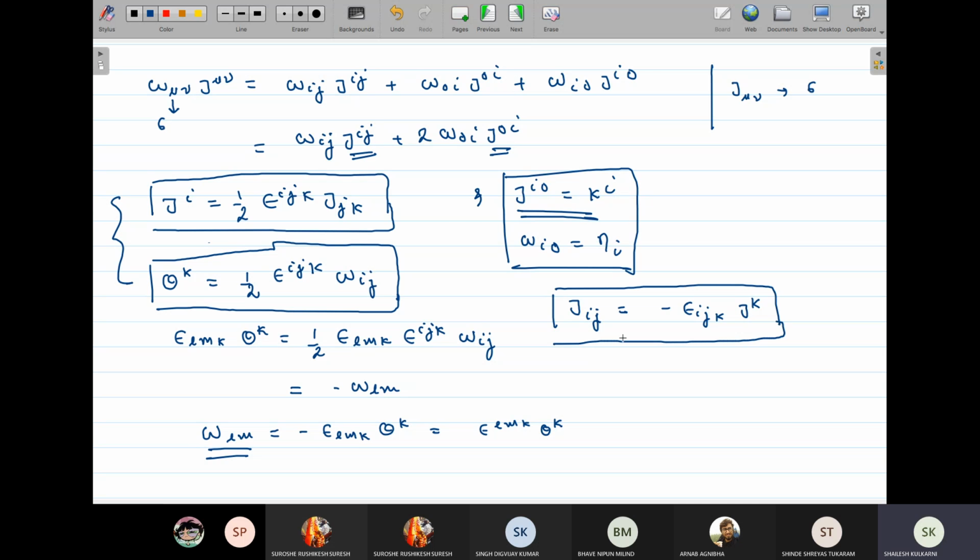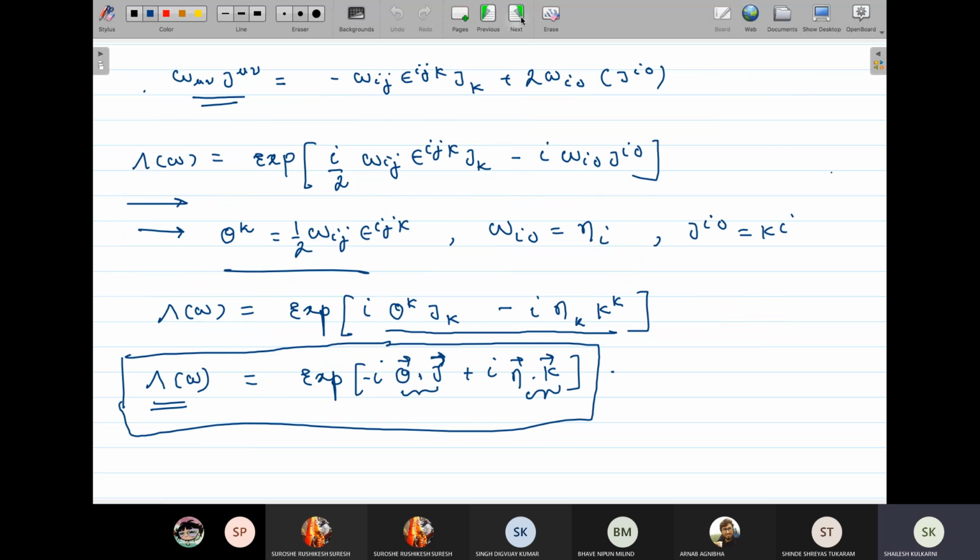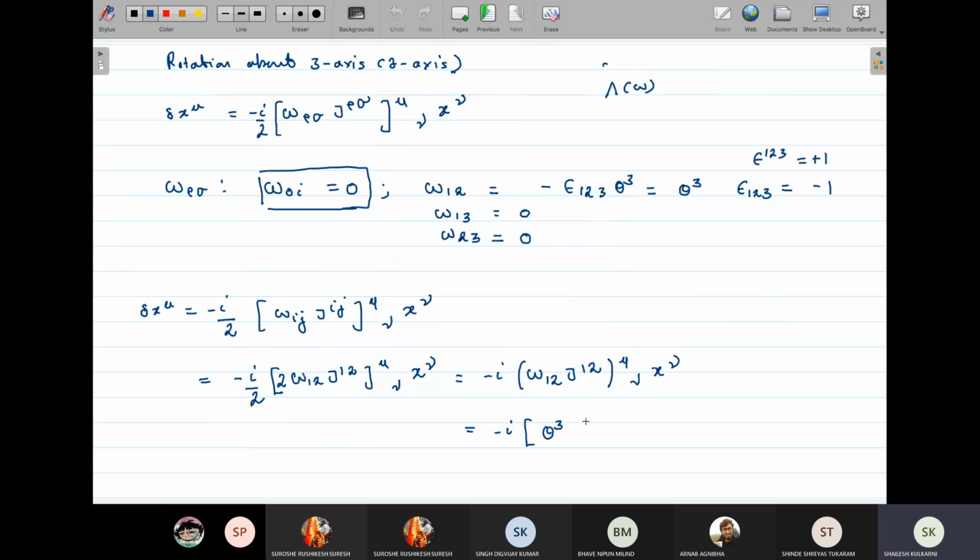So I will now use the form for j12. j12 is the same as j12, because I have to lower these indices twice, so there is no relative sign. So that is equal to minus epsilon 1 2 3 j3. Epsilon 1 2 3 is 1, so it will be minus j3.